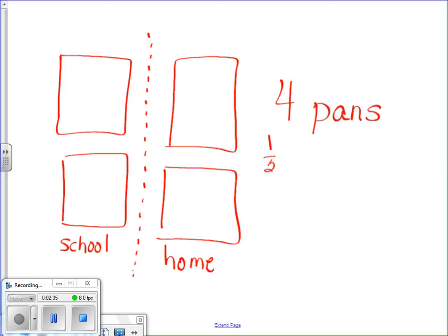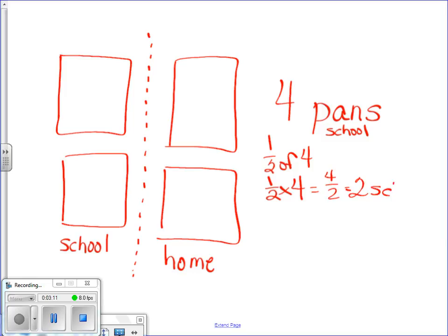So 1/2 of 4 she brought to school. What would my multiplication sentence look like for that? It would be 1/2 times 4 equals 4 over 2, which equals 2.